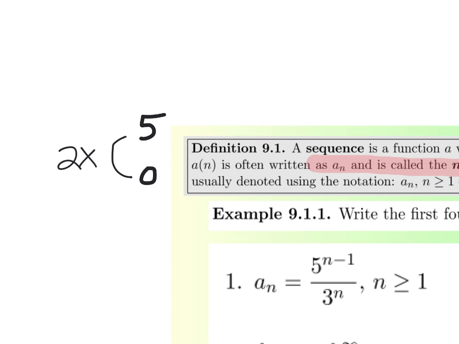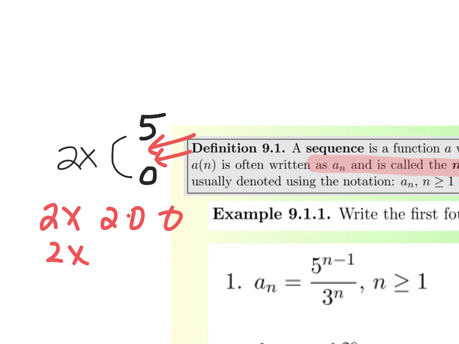In the x. So it'd be 2x, but the x is 0, so it'd be 2 times 0, so it would be 0. To get the next term, I take my 2x, and I'm going to put in 1. And you just keep using integers all the way between 0 and 5. So if I put in a 1, it's 2 times 1, so it's 2.